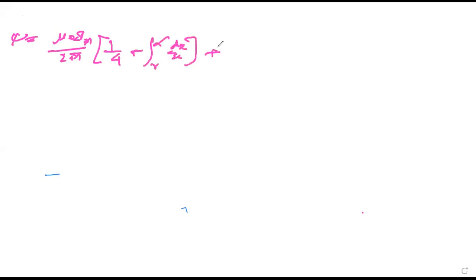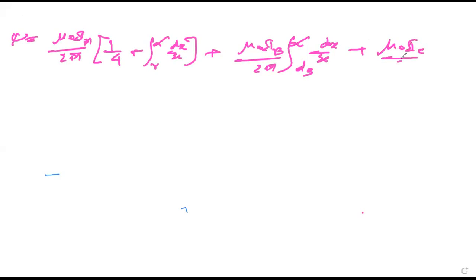So what is the total flux linkage? Psi will be equal to mu naught into IA by 2 pi integration 1/4 R to infinity dx by x, plus mu naught IB by 2 pi integration D3 to infinity dx by x, plus mu naught IC by 2 pi integration D2 to infinity dx by x.